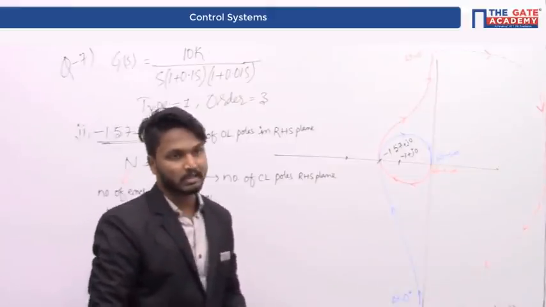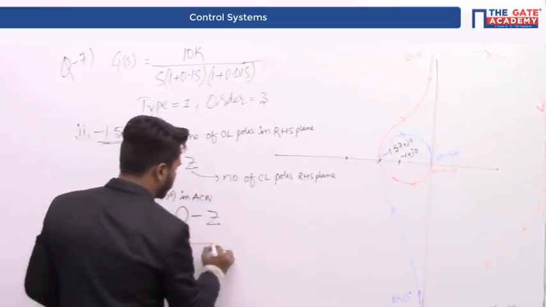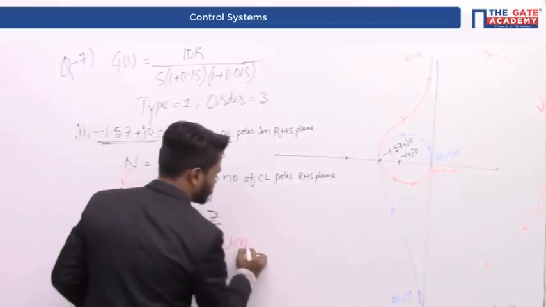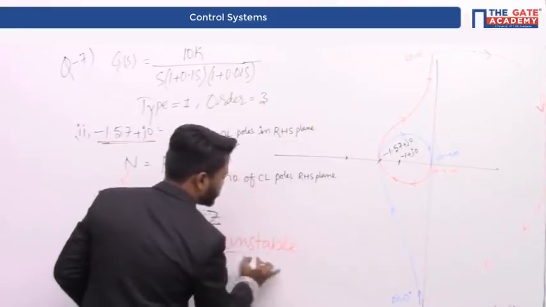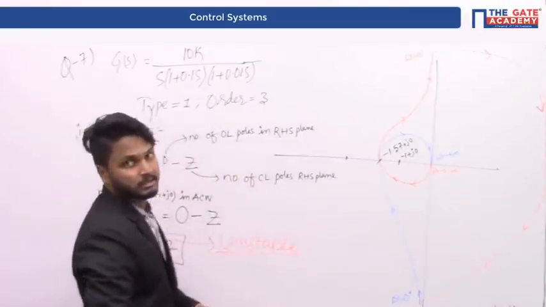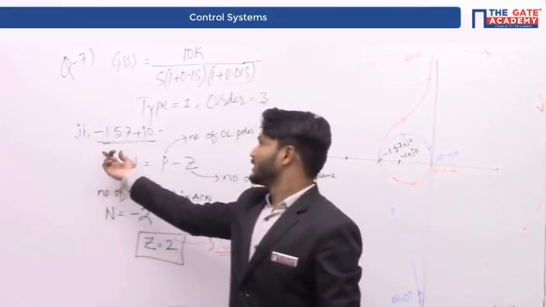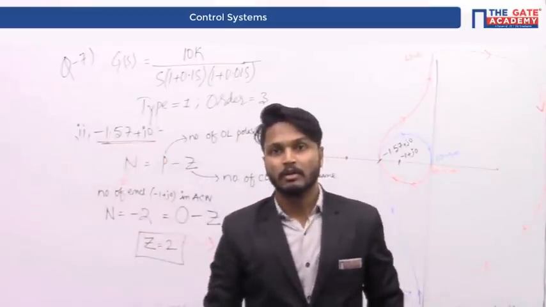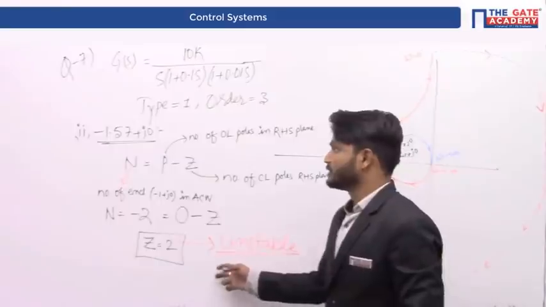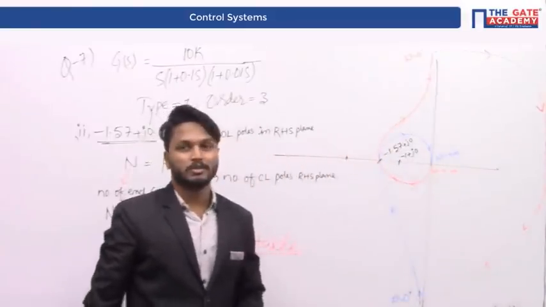Closed loop poles lying in the right half of S plane are 2, which means the closed loop system is unstable. The closed loop system is unstable in this case, when the plot is intersecting at minus 1.57 plus j0. Therefore, the closed loop system is unstable in this particular case. So let's proceed to the next question now.